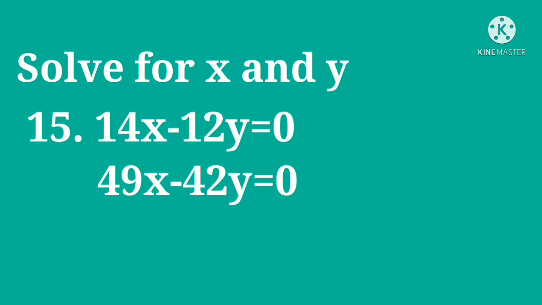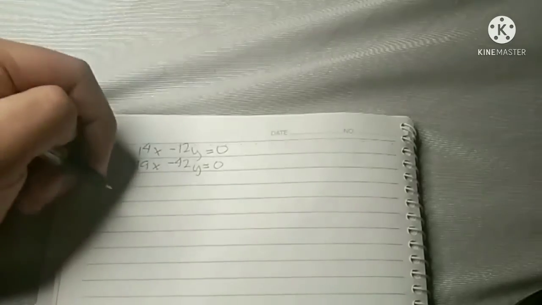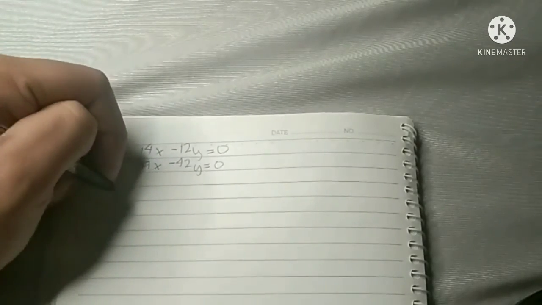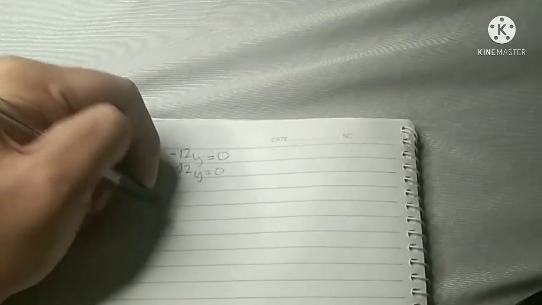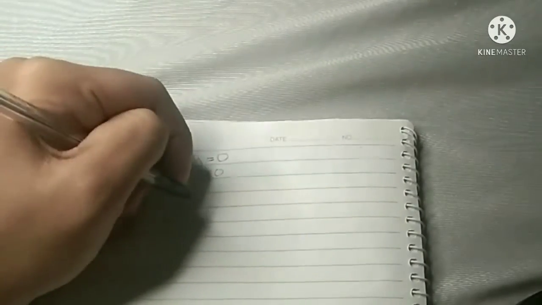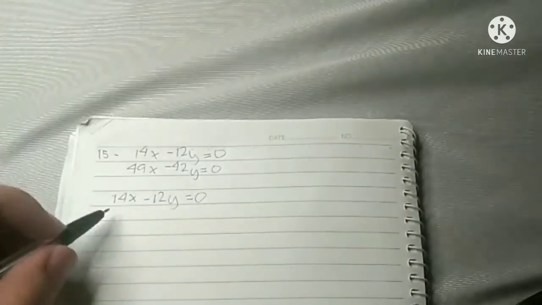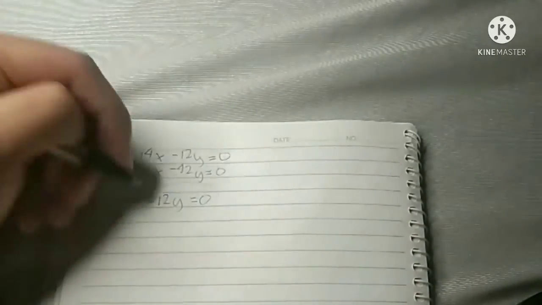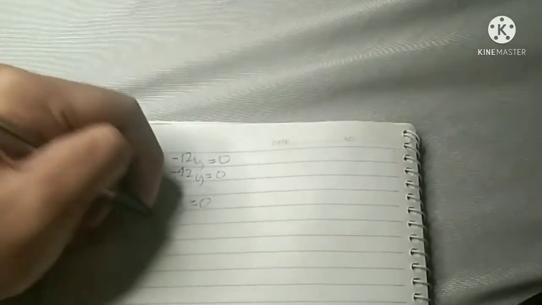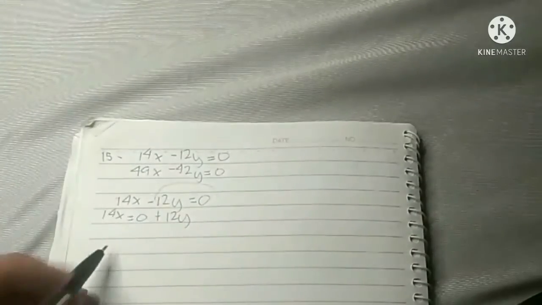So for number 15, we are going to solve for x and y again. So 14x minus 12y equals 0, and 49x minus 42y equals 0. So to solve for x and y, we are going to use the substitution method. So let's copy 14x minus 12y equals 0. So let's transpose negative 12y to the other side. So we will get 14x equals 0 plus 12y.